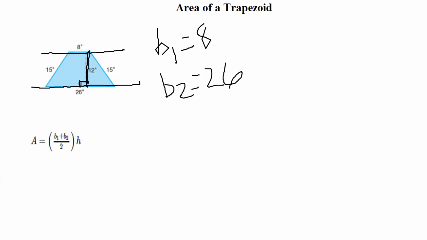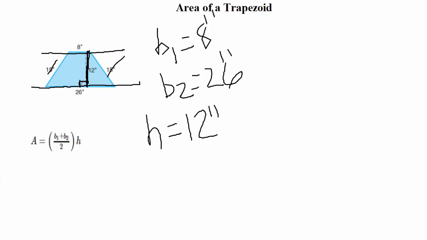Notice that height does connect base 1 to base 2, so our height is going to be the 12 inches here. Notice these sides over here, those 15s that are labeled there, those are extra pieces of information. If we were looking for the perimeter of this, we would have needed them, but for the area, not so much. We don't need to use them for this problem.